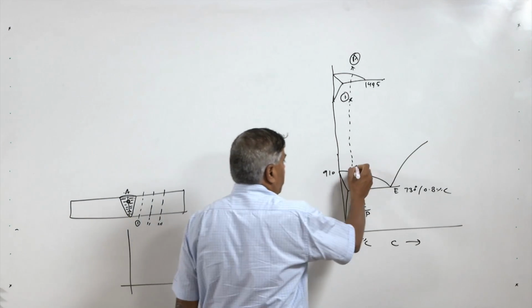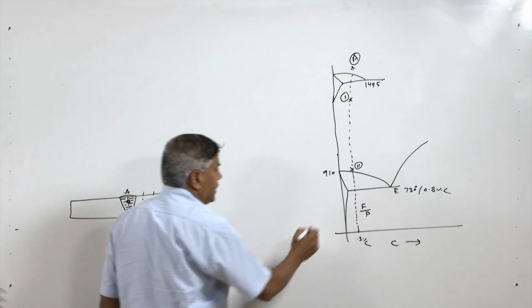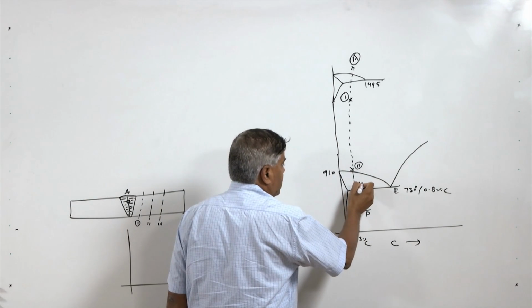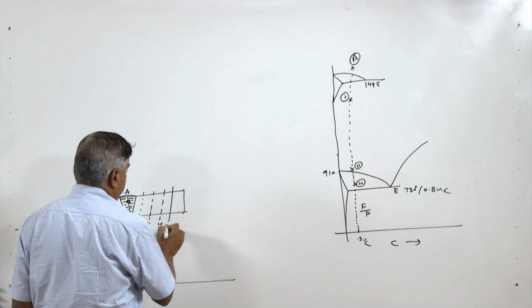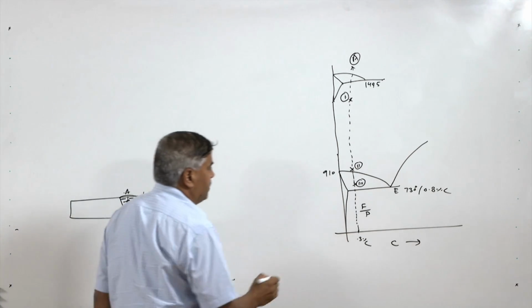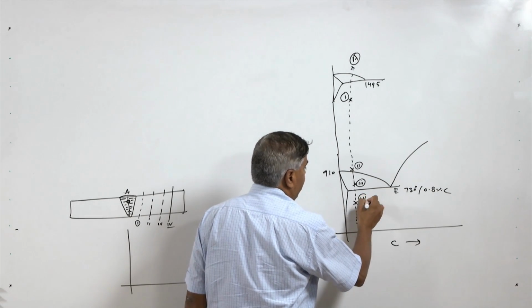Let us take the point 2 as corresponding to this location, and then point 3 is corresponding to this location, right, and like say the point 4 is this one which will be experiencing the temperature further below the 730 degree centigrade. So, this is point 4.